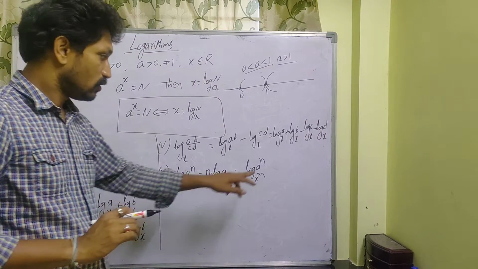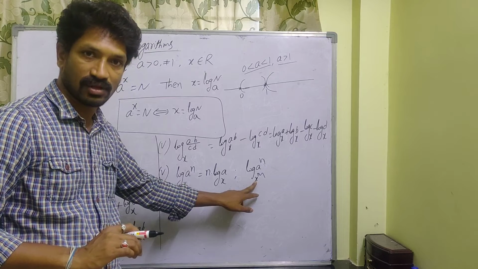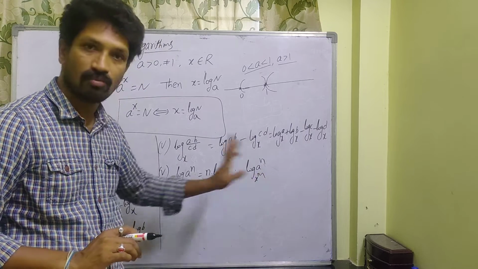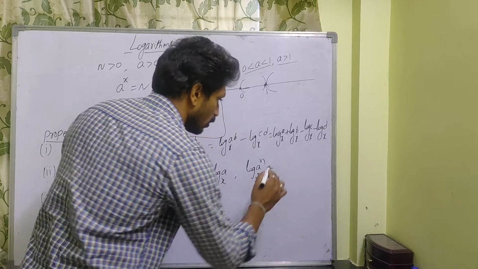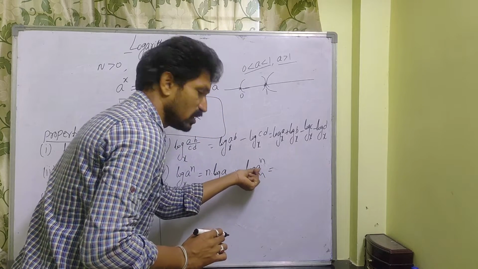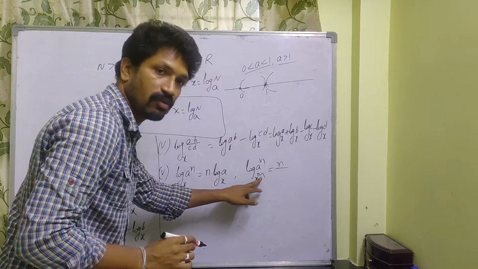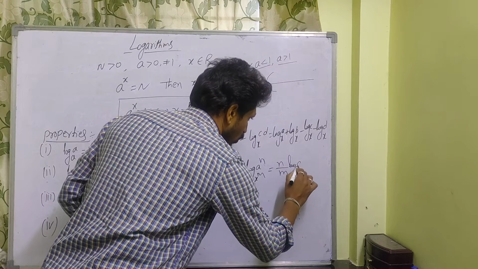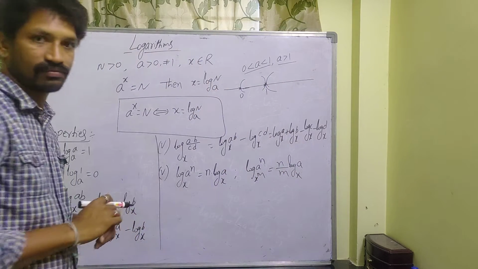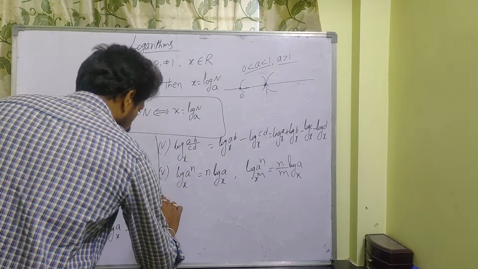Here there is a power for a also and for x also, so both have powers n and m. You write the numerator power, that is the argument's power, in the numerator, and the base power in the denominator: n by m into log a to the base x. Okay.